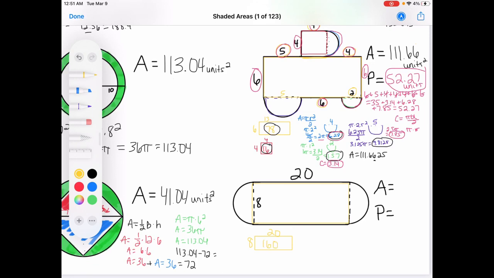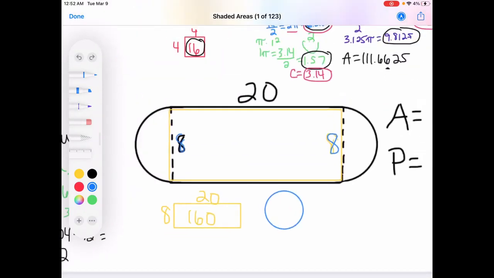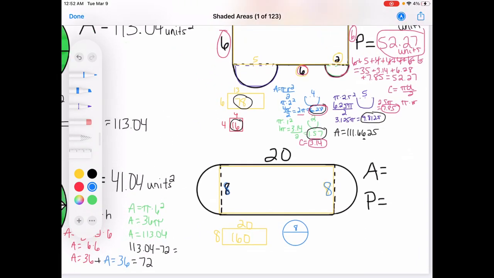And then I have 2 semicircles that are both 8 units wide, so with a diameter of 8. So if I have 2 semicircles with the same diameter, then that's the same thing as having 1 circle with the same diameter. Let's see if I can get that drawn correctly. With a diameter of 8. So I just need to find the area of that. So area would be pi times the radius squared.